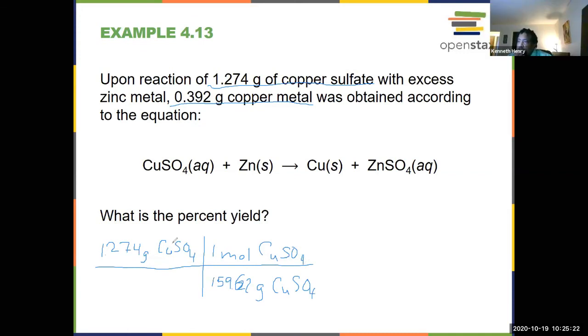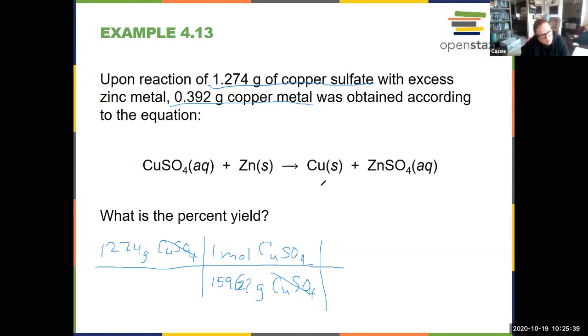Okay. So then we have moles of copper sulfate, copper(II) sulfate. So what do I need to do to get the theoretical amount of copper? Apples to apples, right? So 1 mole of CuSO4 to 1 mole of copper.